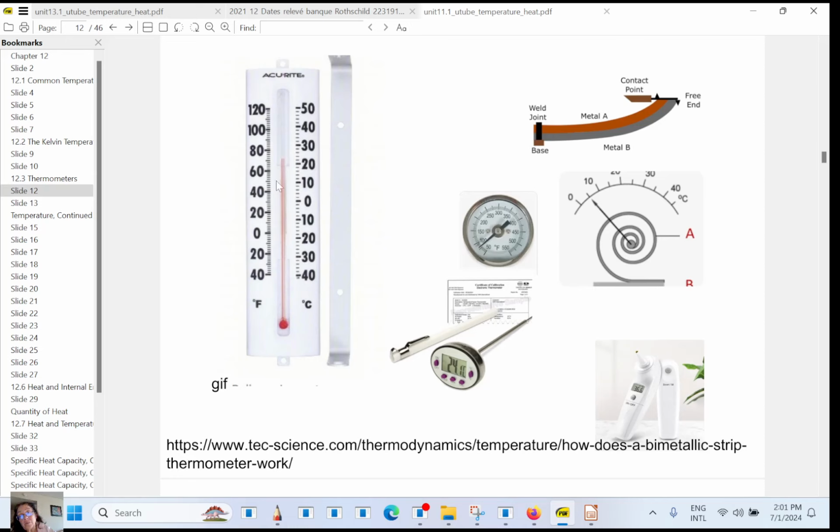Or you can use mercury or alcohol, and you see that as you increase the temperature, the mercury, or alcohol, is going to expand by a tiny bit, but a tiny bit in 3D expansion will be translated into a large increase here in temperature.